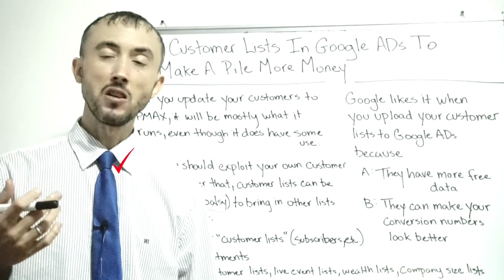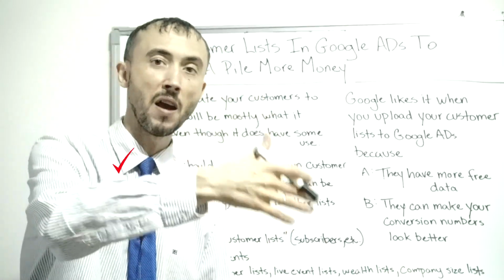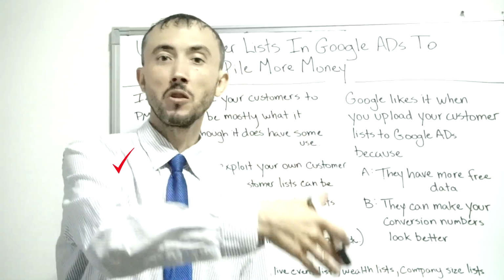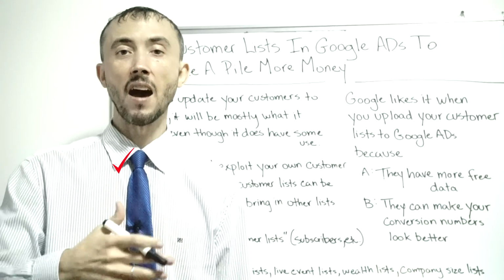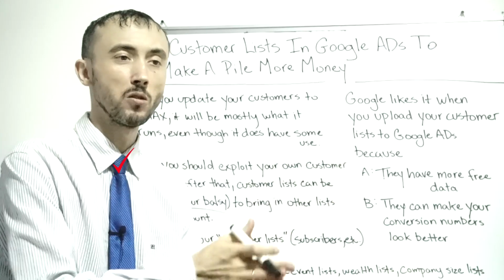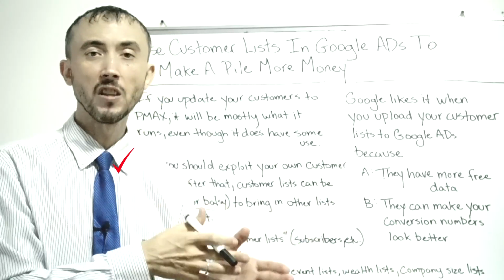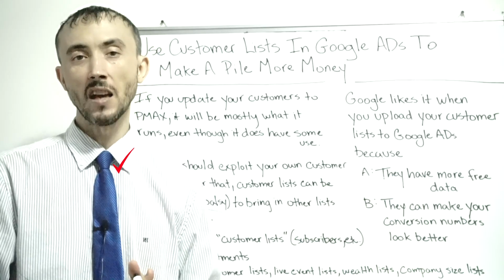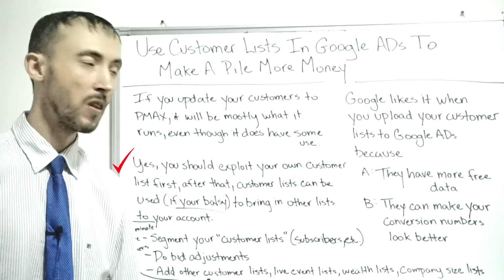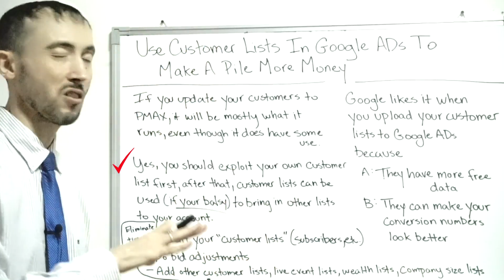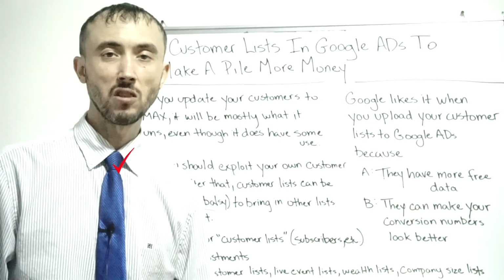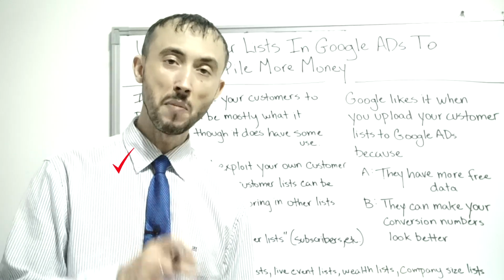You could do this to make sure that your search campaigns target people with a certain amount of revenue or a certain employee count, which kind of goes hand in hand, or that you're dealing with a principal at the company versus a lower-down lackey type person. You get the general gist. It can narrow search engine ads at a different level that you couldn't do by default with Google Ads by itself. Obviously, it could do the same thing with display ads, YouTube ads, and so on. So that's another example of how people are using customer match lists to make money. That gives you a general idea of how to make money with customer match lists, the good boy way and the bad boy way.